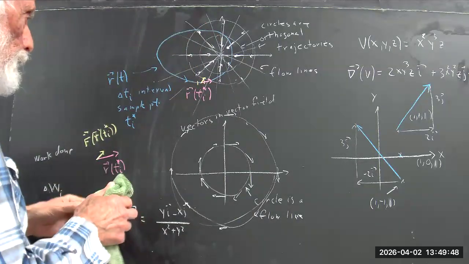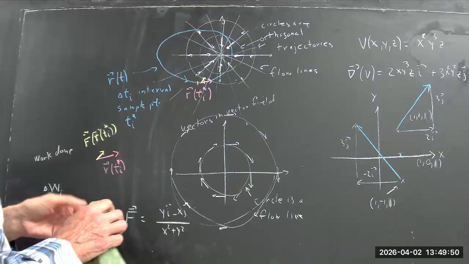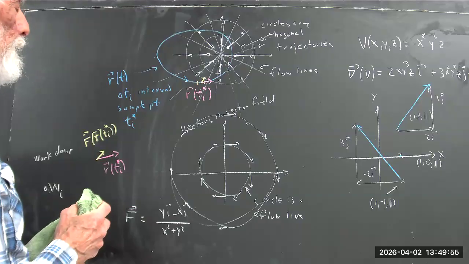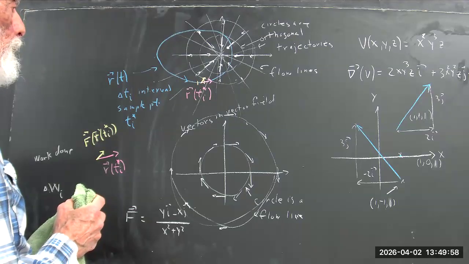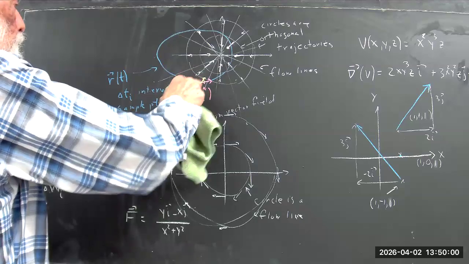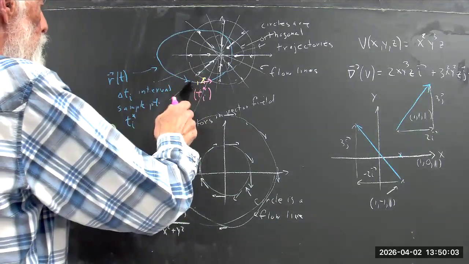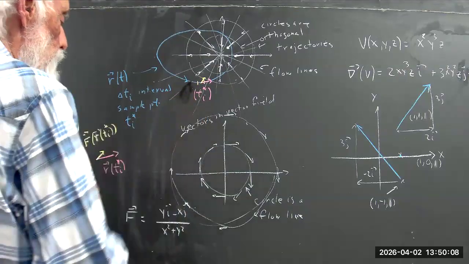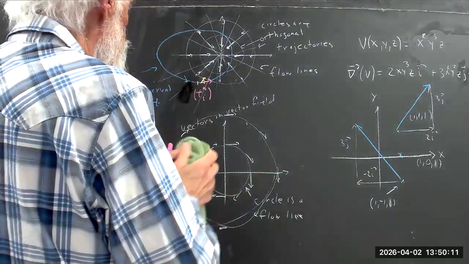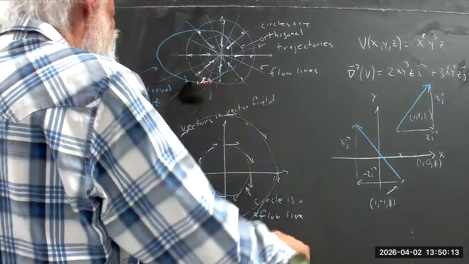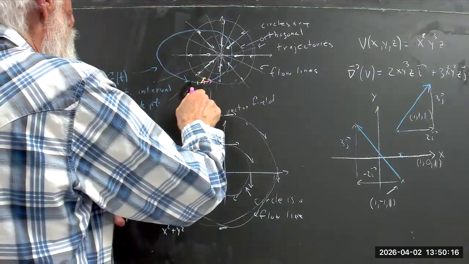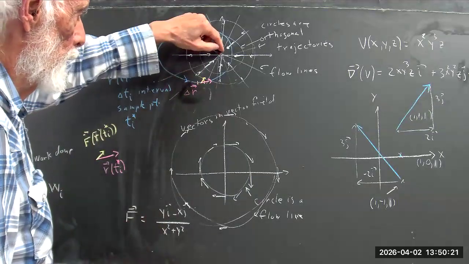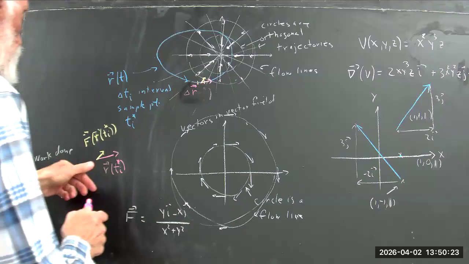R of ti is from here to here. That would be your delta R vector, the difference between the R vector from here to here and the R vector from here to here.